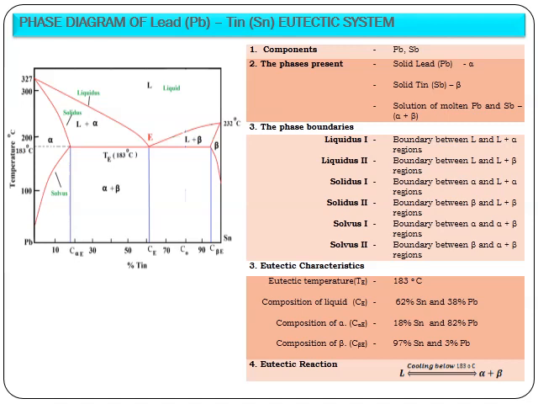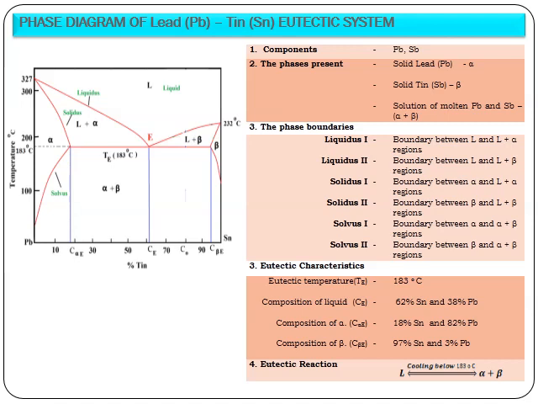So from this phase diagram, what we have observed is what components are present in the phase diagram, what different phases are present, where all these phase boundaries are connecting, and where these boundaries are differentiating different regions.